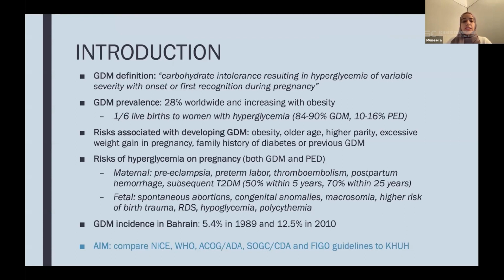We noticed that the GDM incidence in Bahrain was 5.4% in 1989, and it rose to 12.5% in 2010. The aim of our study was to compare our hospital guidelines of KHUH to international guidelines, such as NICE, WHO, the American and Canadian guidelines, and FIGO.